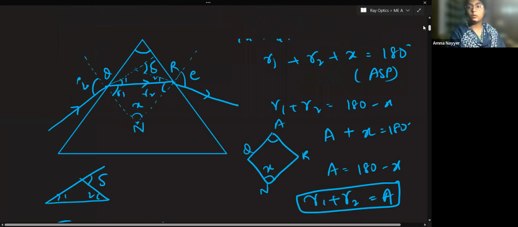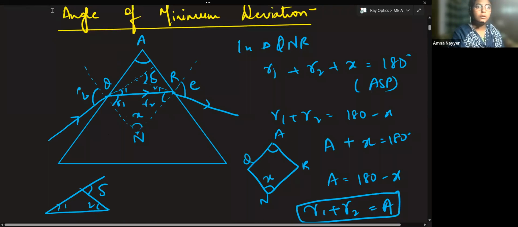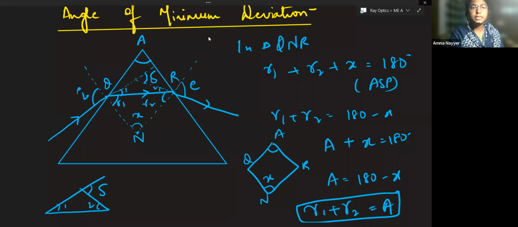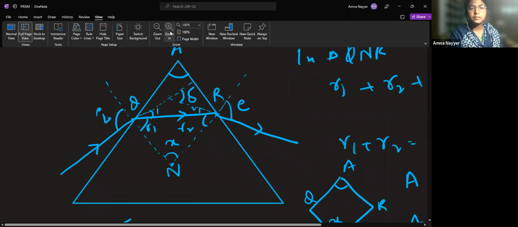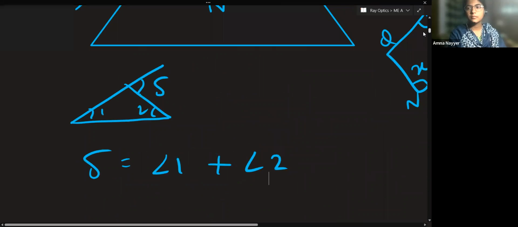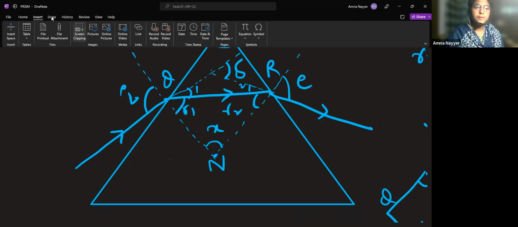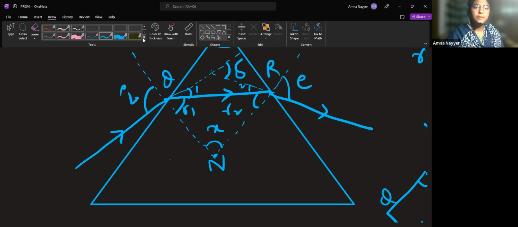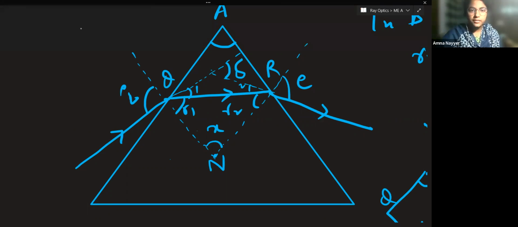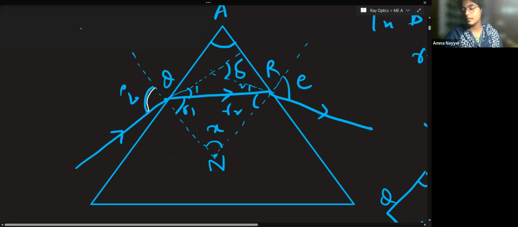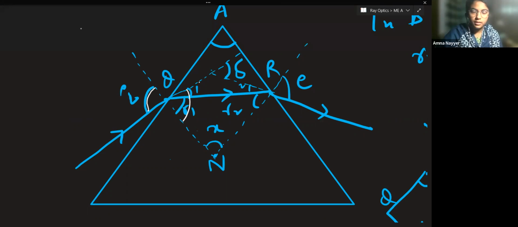Now clearly look at this, because if you miss it, you'll not be able to understand how things have happened. Look here carefully. If this is the angle of incidence I, look carefully, what is this angle?